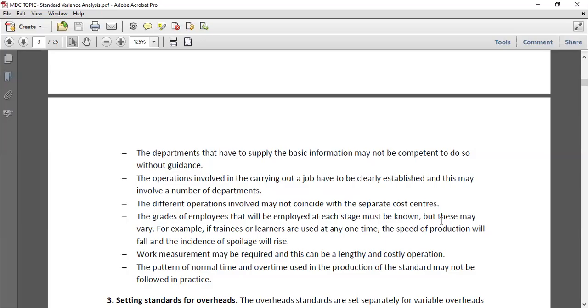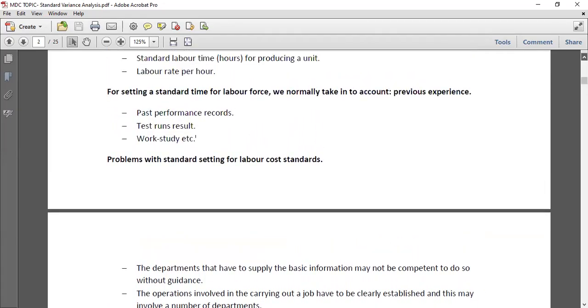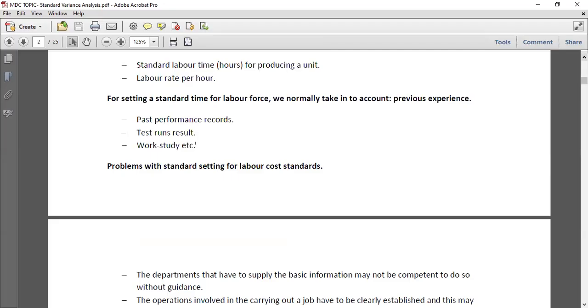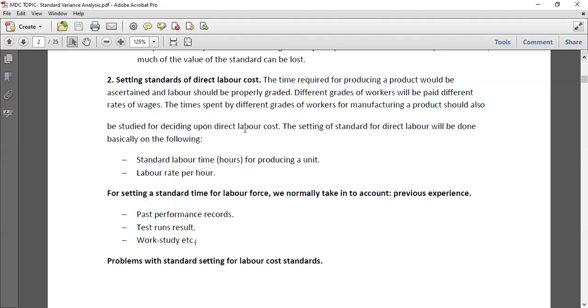And then one of the other things we need to know is that the patterns of labor may keep on differing based on how long they have worked. You remember when we just studied the learning effect. Now, when we are setting the standards for labor, you realize that the learning effect might also come into play here.